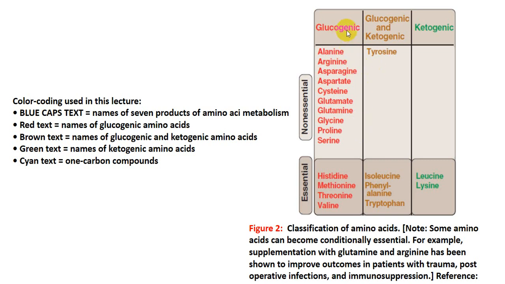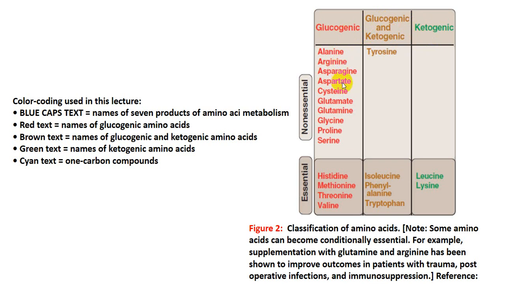Amino acids are classified as glucogenic, glucogenic and ketogenic, or ketogenic depending on which of the 7 intermediates are produced.